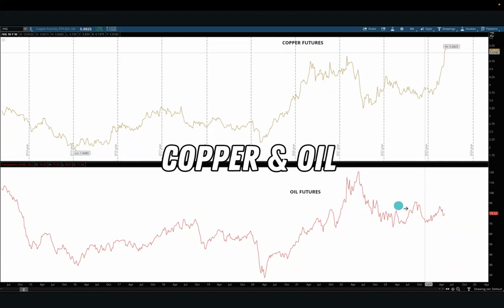We've seen where oil normally has lagged behind a little bit historically via this chart in the movements that copper's made, and copper's made a really impressive move here at the moment. So is this a little bit of a false signal to oil, or will this prior relationship continue to last where shortly afterwards we end up seeing the similar move that we see in copper futures in the oil futures?